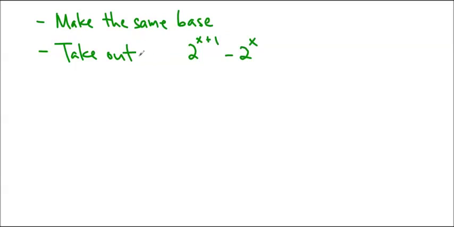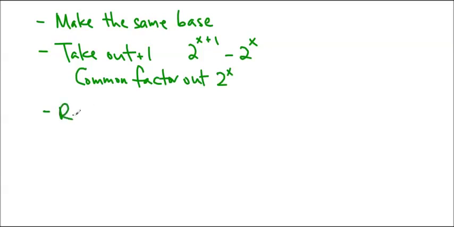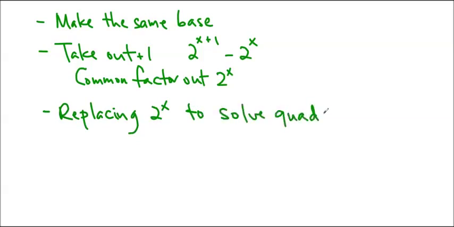Take out the plus 1 and then common factor out the 2 to the x. And then we did replacing 2 to the x with a number to solve a quadratic. So those are some of the techniques that we use to solve exponential equations. I hope that you enjoyed it, and thanks for watching.